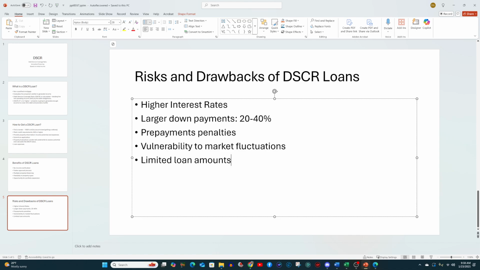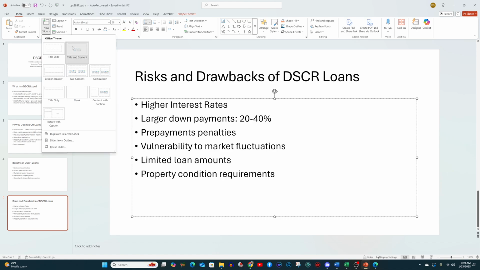They may not do more than 800,000, so if you have a property that's like 3 million, you may not be able to use a DSCR loan. Property condition requirements. Typically, a DSCR lender is going to be looking at lending on a property that's move-in ready and not in need of major repairs or renovations.